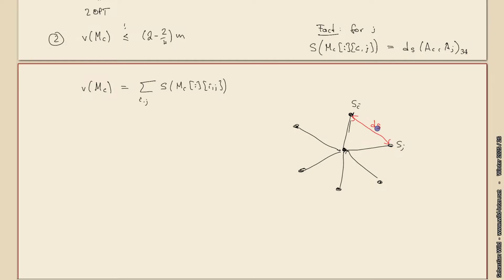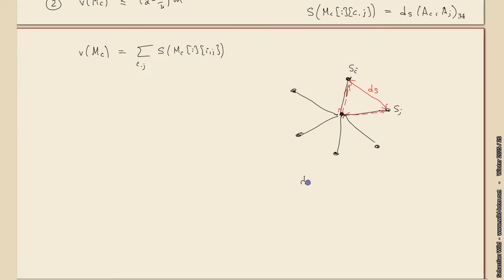And this we don't know. But what we do know is that taking the detour via C, that's never going to make it shorter, right?